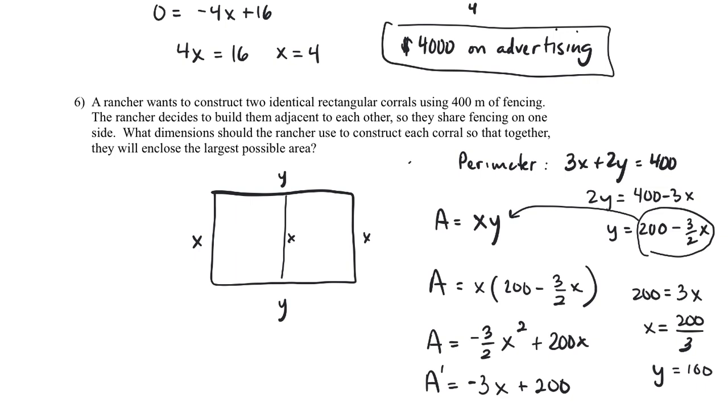Each corral here is going to be x, or 200 over 3, times 50, because remember the whole length is 100. So each corral's dimensions are 200 over 3 meters by 50 meters.